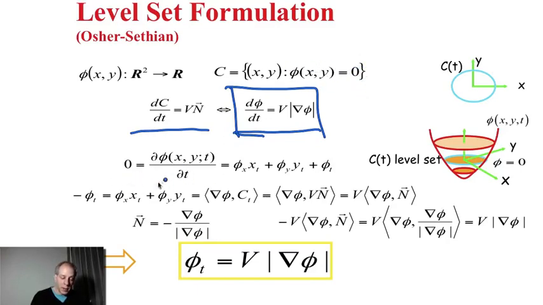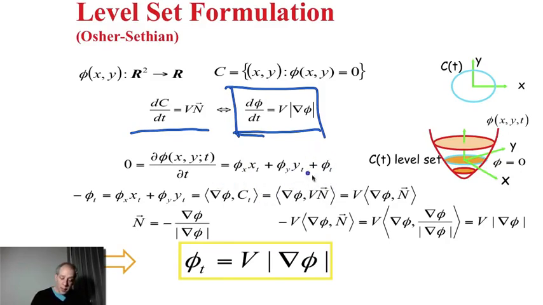The derivative here, I wrote it here. And now, once again, chain rule. And this is what we have. The derivative of this function of x, y, t according to t is what I have written here. So I take the derivatives according to x, then xt, plus derivative according to y, yt, plus derivative according to t. These are partial derivatives. So this is what I have, okay?